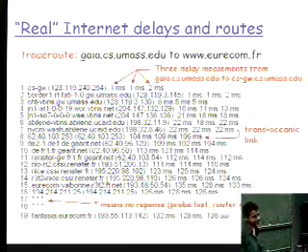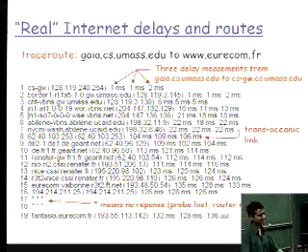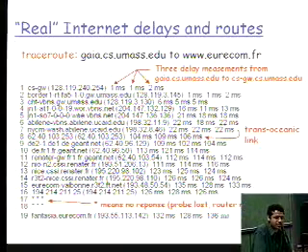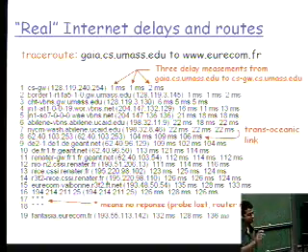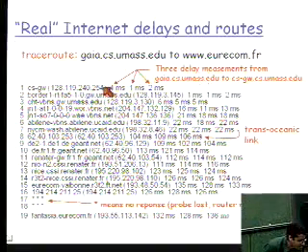So here you have an example output of traceroute running from one machine at UMass to another machine in France. And what this tells you is it first gives you the delay experienced by the packet to the first router.